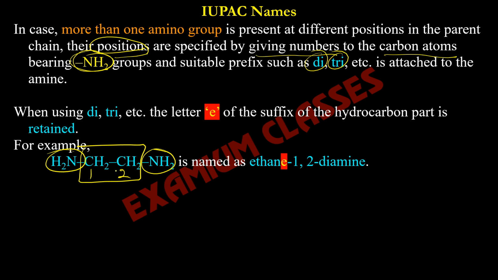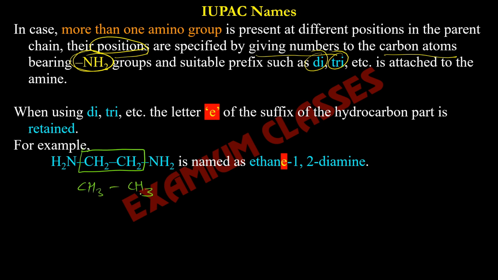The proper way to name these is that you first identify the longest chain of carbons. So the longest chain of carbons here is this one. Now you will replace all NH2 groups with hydrogen. Listen carefully. I am saying you will replace all NH2 groups with hydrogen. So in that case, it will be CH3, CH3.